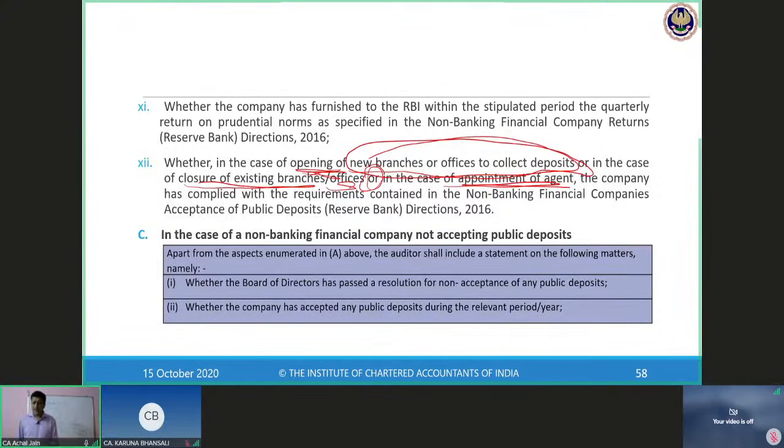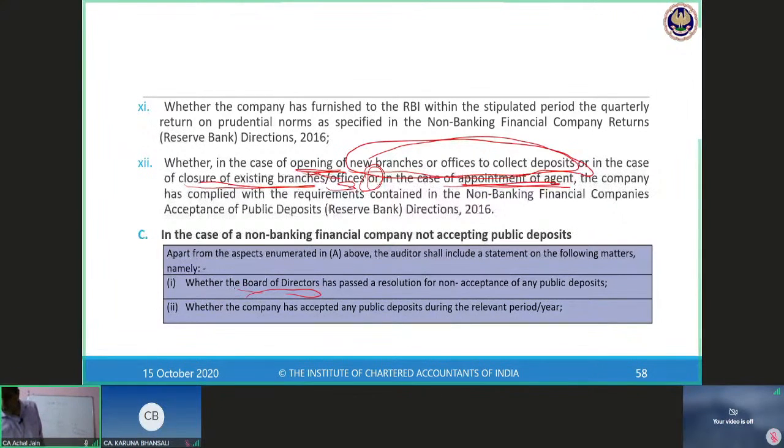So now what's the point? In case of NBFC which is not accepting public deposits, in addition to points covered under A above, auditor shall include a statement on the following matters. Let's see, what are the matters? Whether the board of directors has passed a resolution for non-acceptance of any public deposits.